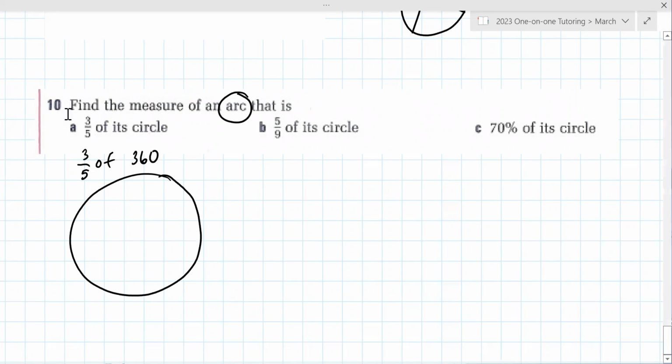Yes. 36. That doesn't seem right. Sorry, I didn't grab a calculator. Maybe it is. No, 3/5. You're taking 360 and multiplying it by 3/5.